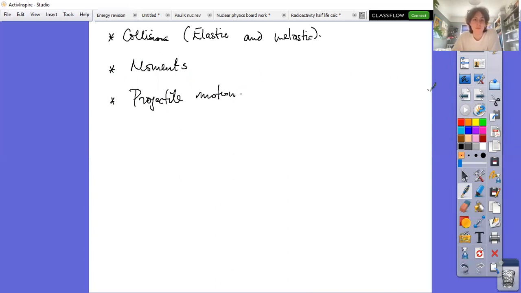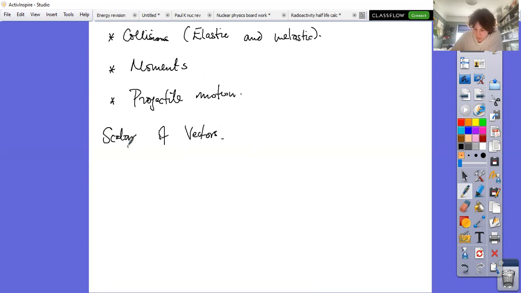Maybe it makes sense to start off with projectile motion, seeing as most of the examples we were looking at related to motion. A few key ideas, which I'm sure you know, just to make sure we're starting off on the right footing. Whenever we're dealing with quantities, especially in this topic, they will be divided into either scalars or vectors. Can you tell me the difference between a scalar quantity and a vector quantity?